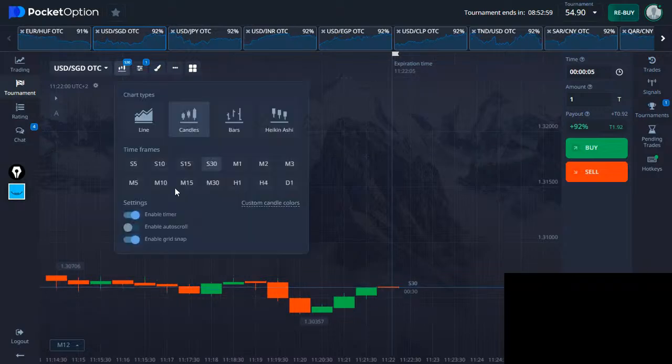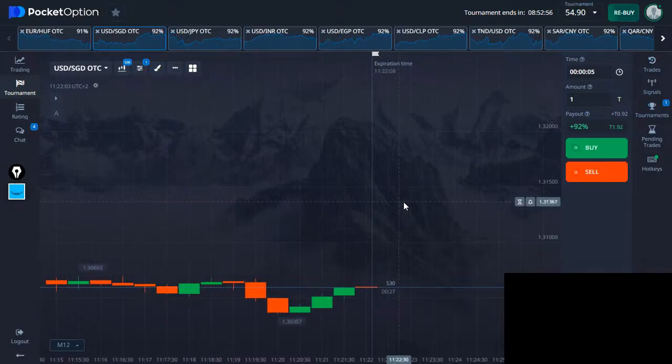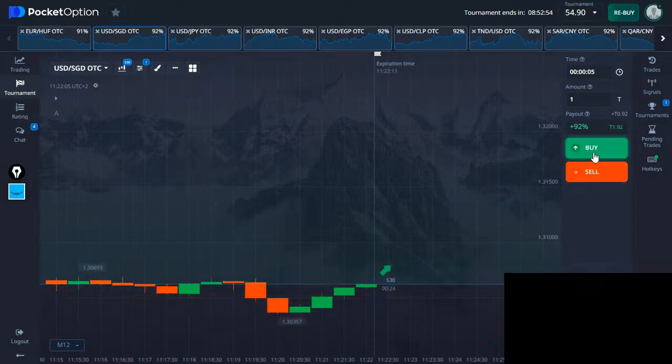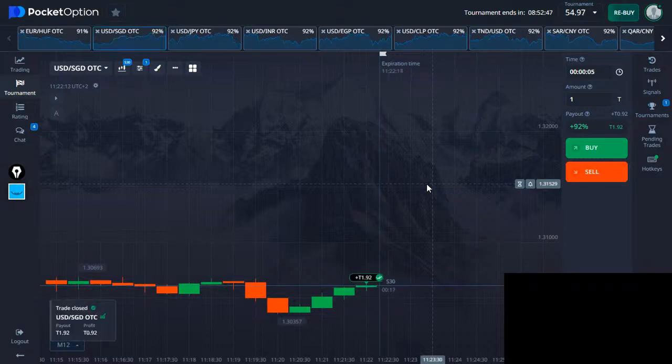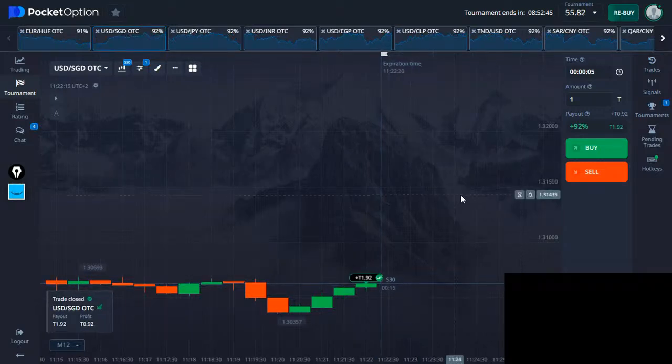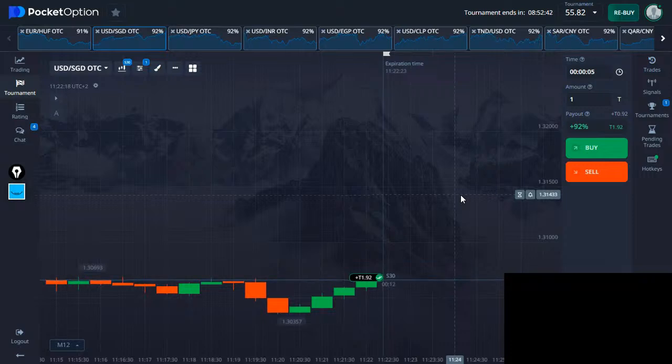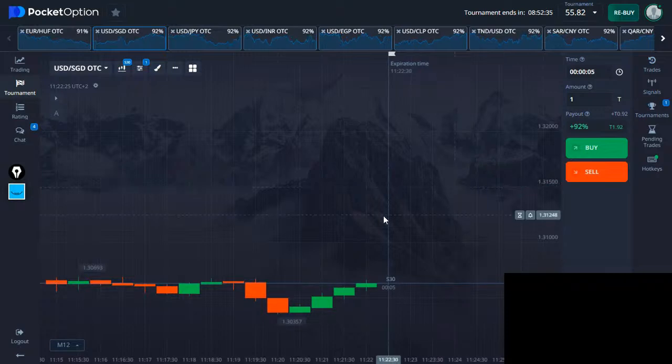Let me activate the auto scroll since I'm no longer doing any form of technical analysis. Green, go for a buy. That's a win. Let's see.